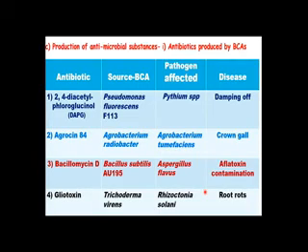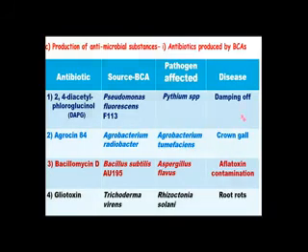This is Trichoderma. And production of antimicrobial substances, you all know some microbes produce antibiotics. So Pseudomonas fluorescens produces the antibiotic DAPG, and this is used to control damping off caused by Pythium species.